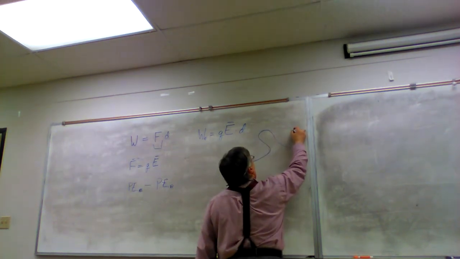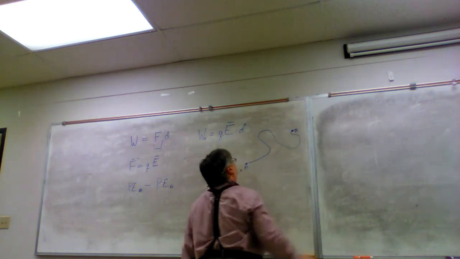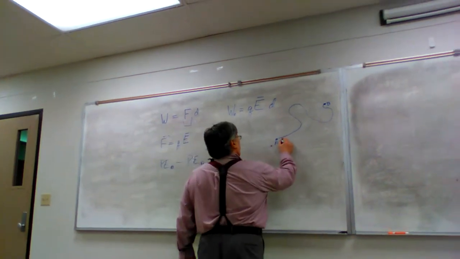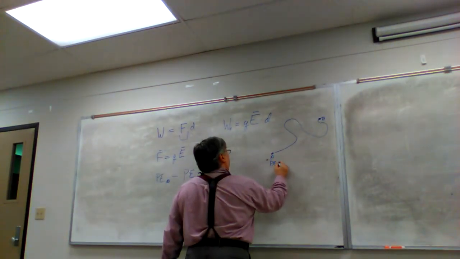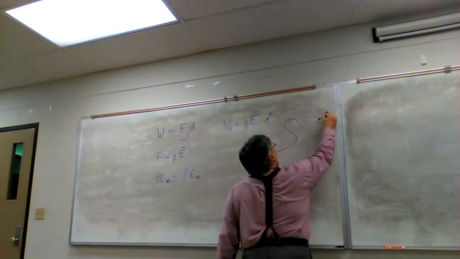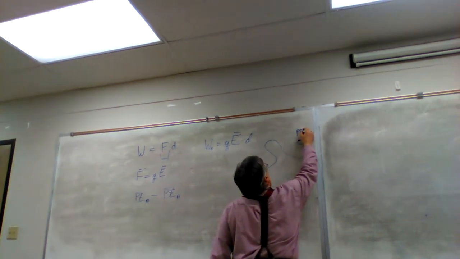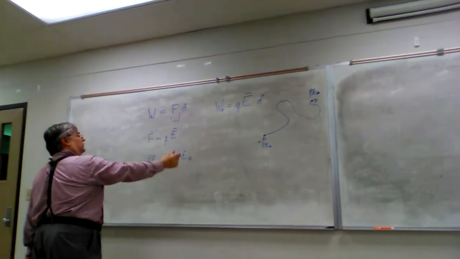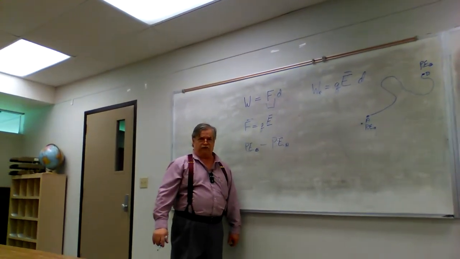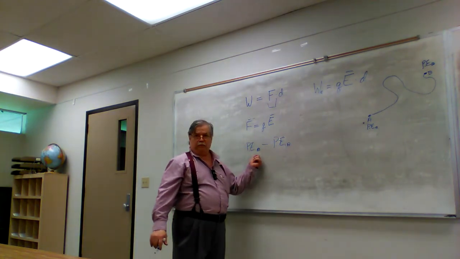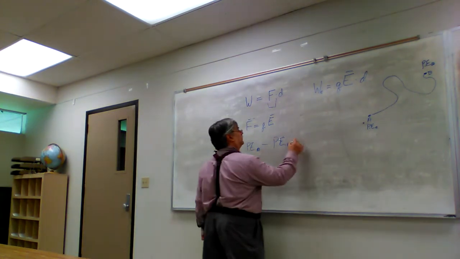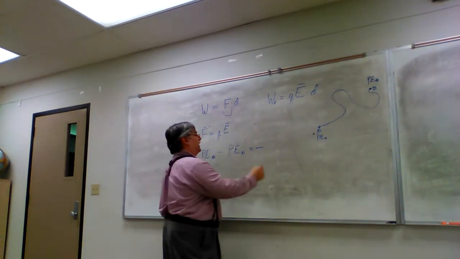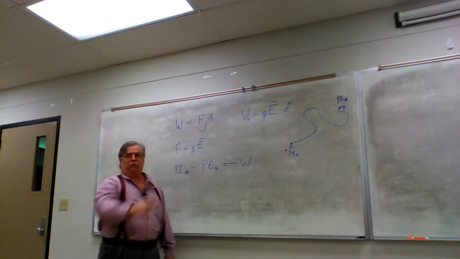It doesn't matter what path we choose, but we move it to point B. Okay? It is at some potential energy here at point A, and some other potential energy here at point B. If we take the change in potential energy, the final potential minus the initial potential, that will be equal to the negative of the work done moving it from point A to point B.